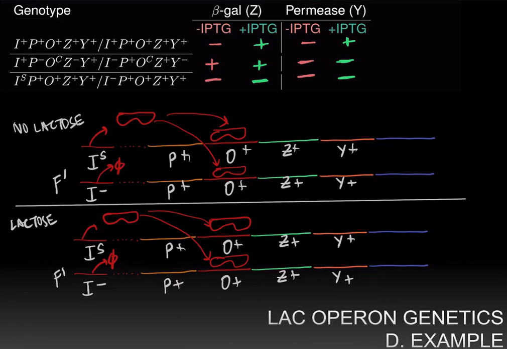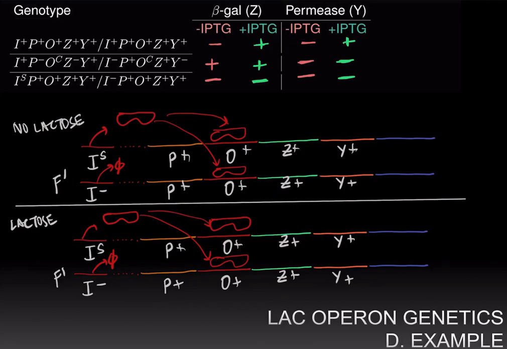It will still bind the operator in the condition when you do have lactose, and prevent transcription, resulting in the constitutively repressed phenotype, as we reasoned previously.